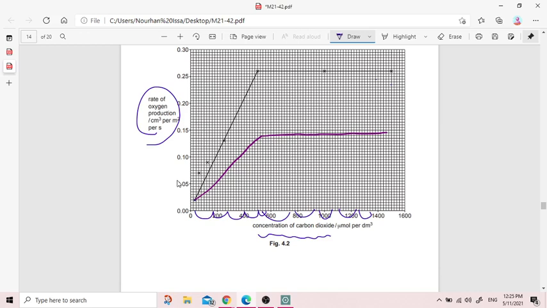At the beginning here, carbon dioxide was the limiting factor. Why did I say this? Because I can see that when I increase CO2, the rate of photosynthesis increases. Therefore, I know that the CO2 was the limiting factor.